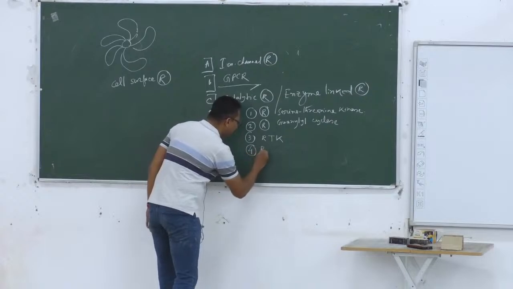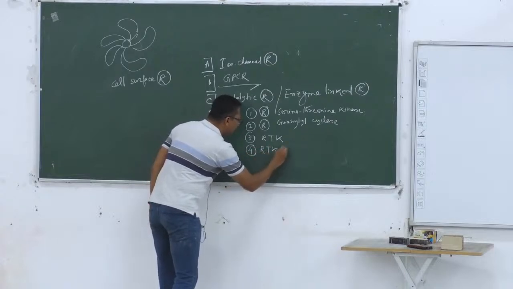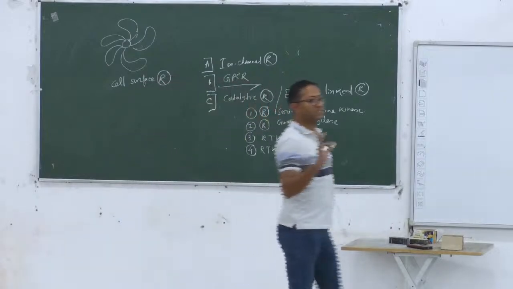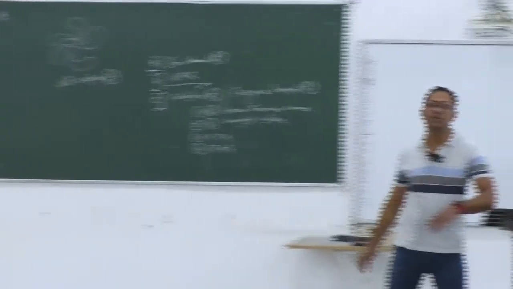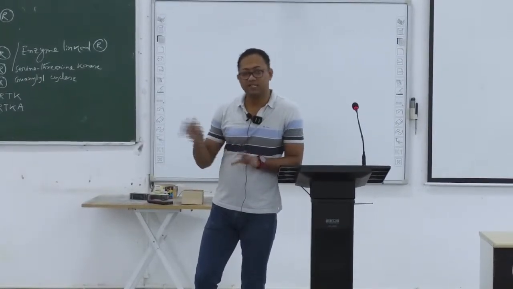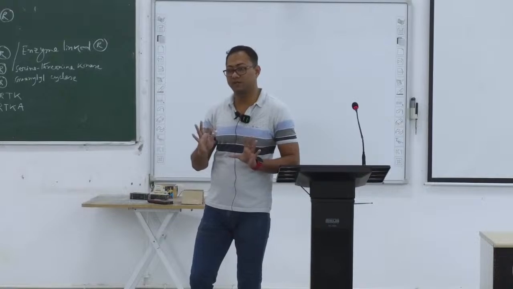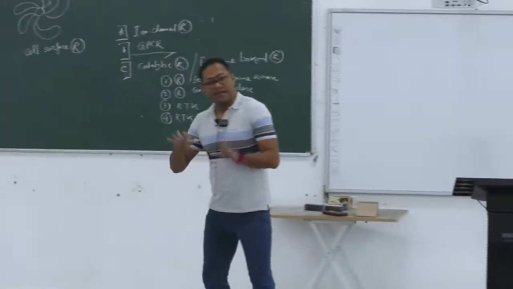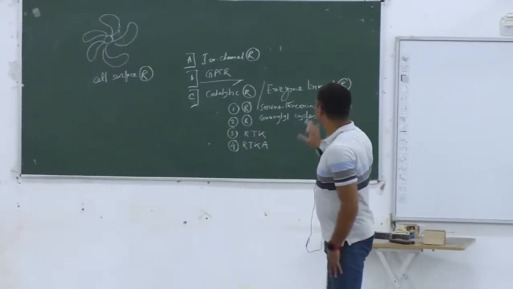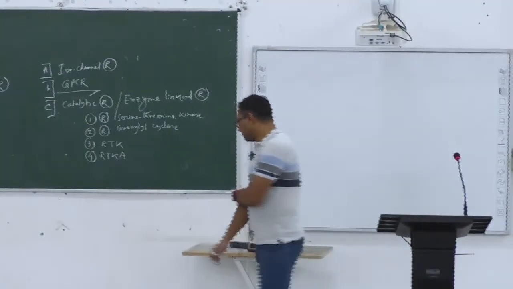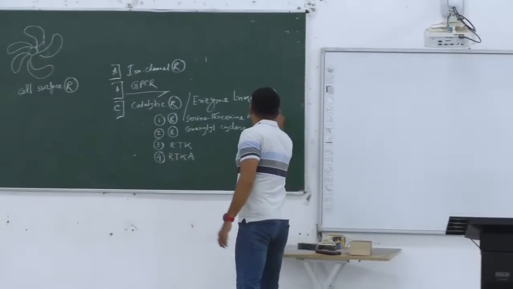Number 4 is receptor tyrosine kinase associated. So there are 4 subclassifications under catalytic receptor or enzyme linked receptor. The same protein, a cell surface protein, is receptor as well as enzyme. So first classification is receptor serine threonine kinase. An example is only one, growth factor.